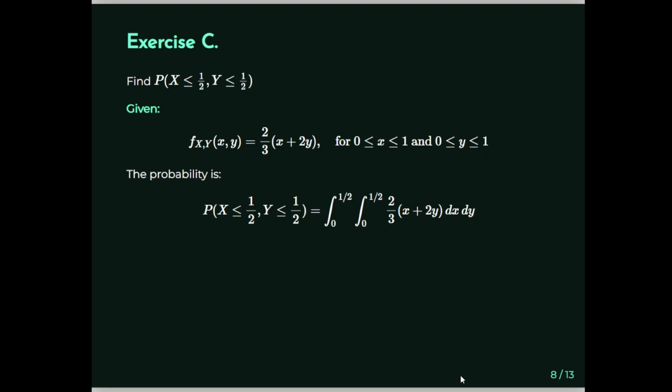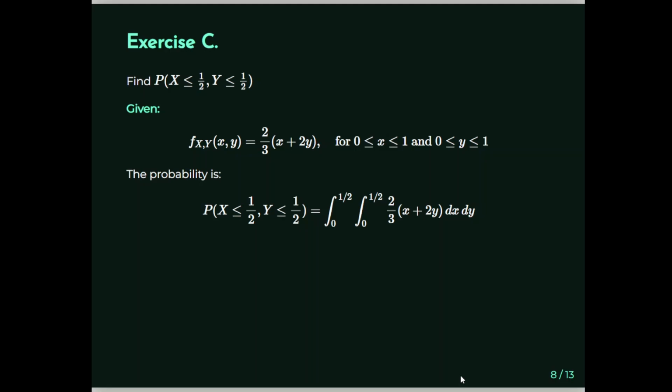The zeros are going to be the lower limits of integration in the calculation we're about to see. The probability bounds, x less than or equal to 1/2 and y less than or equal to 1/2, are going to be the upper bounds.